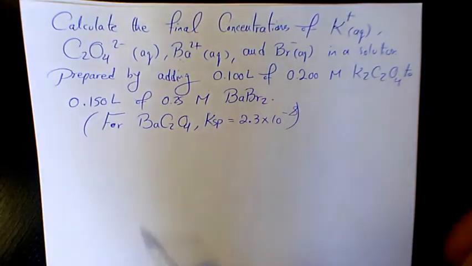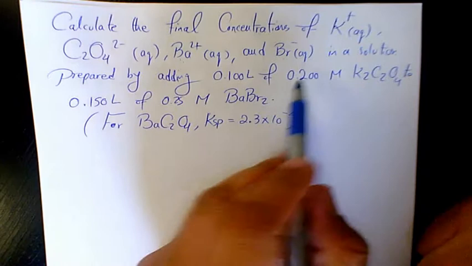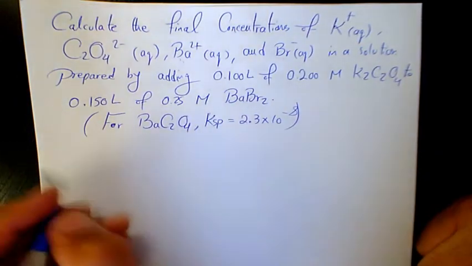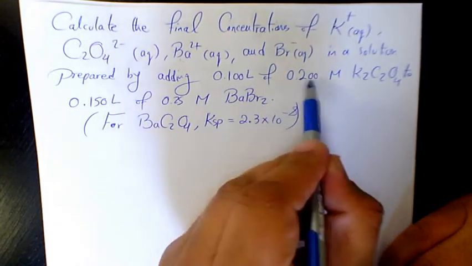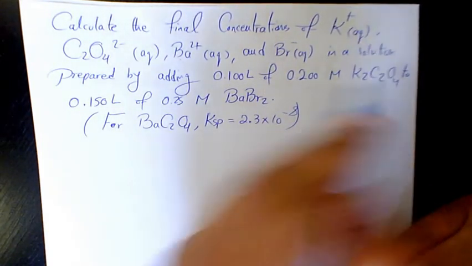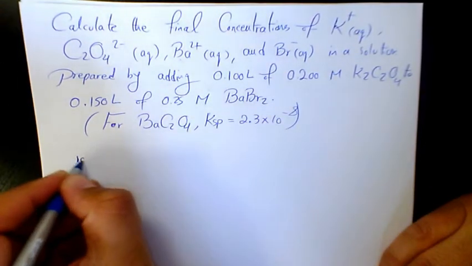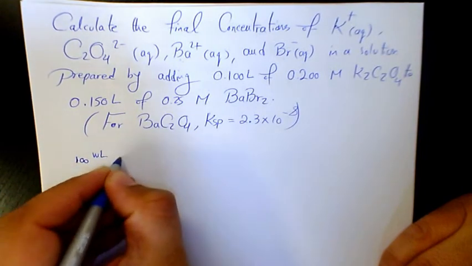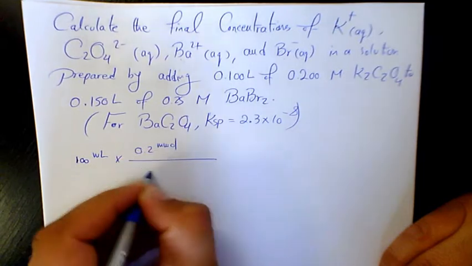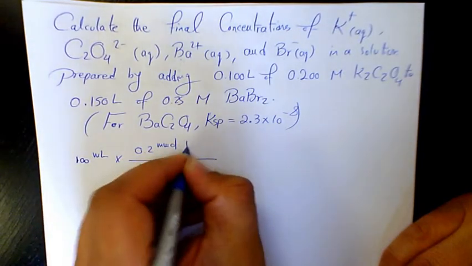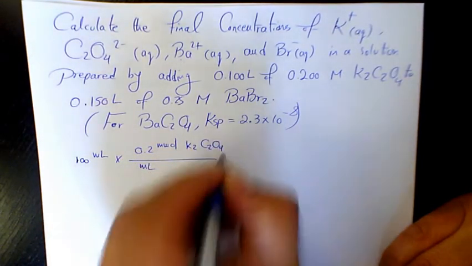So first things first, we need to find out the number of moles of each of these solids. We have 0.1 liter of 0.2 molar potassium oxalate. So let's say 100 milliliter times 0.2 millimole per milliliter of potassium oxalate.